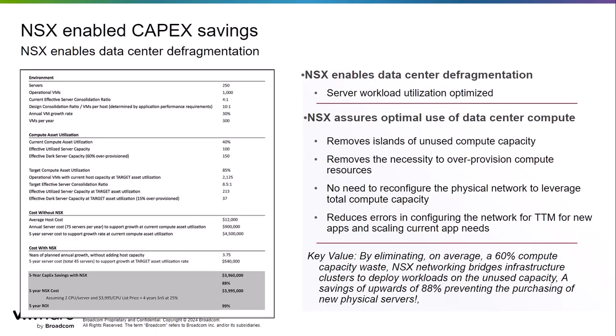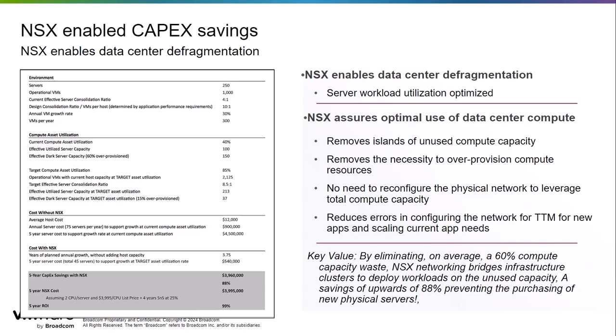Here's an example of how NSX enables CapEx savings, showing data center defragmentation. NSX accomplishes this by allowing server workload optimization. NSX assures optimal use of data center compute by removing islands of unused compute capacity, removes the necessity to over-provision compute resources, no need to reconfigure the physical network to leverage total compute capacity, and reduces errors in configuring the network for TTM for new applications and scaling current application needs.